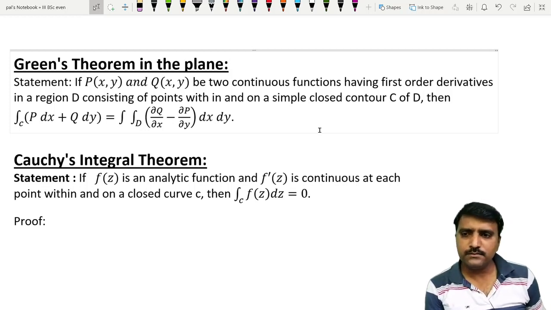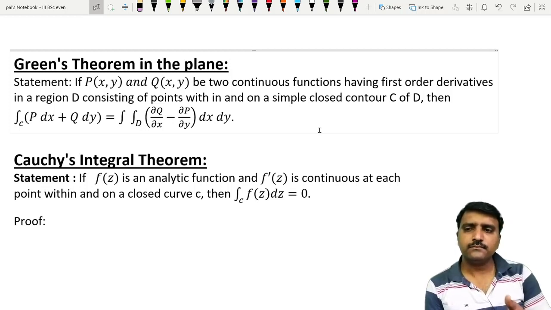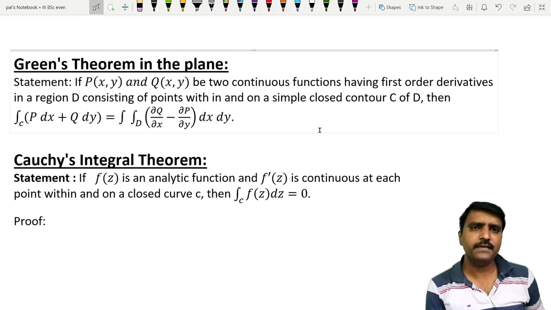P dx plus Q dy has the same value as del Q by del x minus del P by del y into dx dy when you are evaluating in the plane.